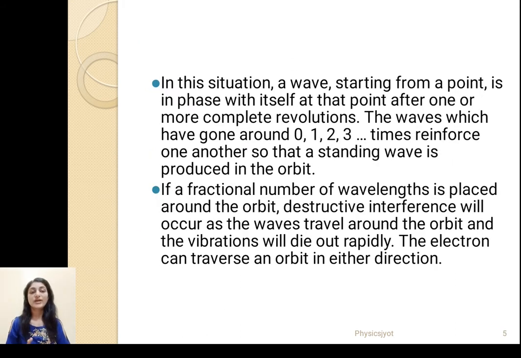In this situation, a wave starting from a point is in phase with itself at that point after one or more complete revolutions. The waves which have gone around 0, 1, 2, 3 and so on times reinforce one another, so that a standing wave is produced in the orbit. I will show you the figure.